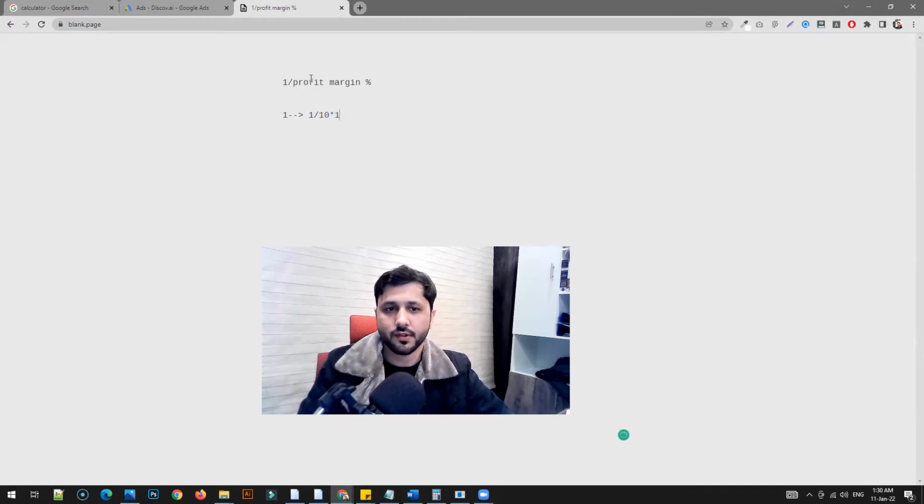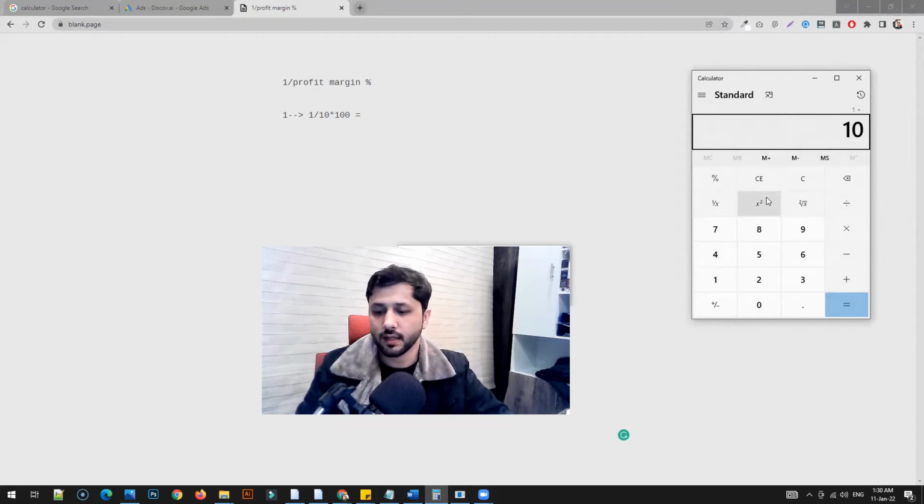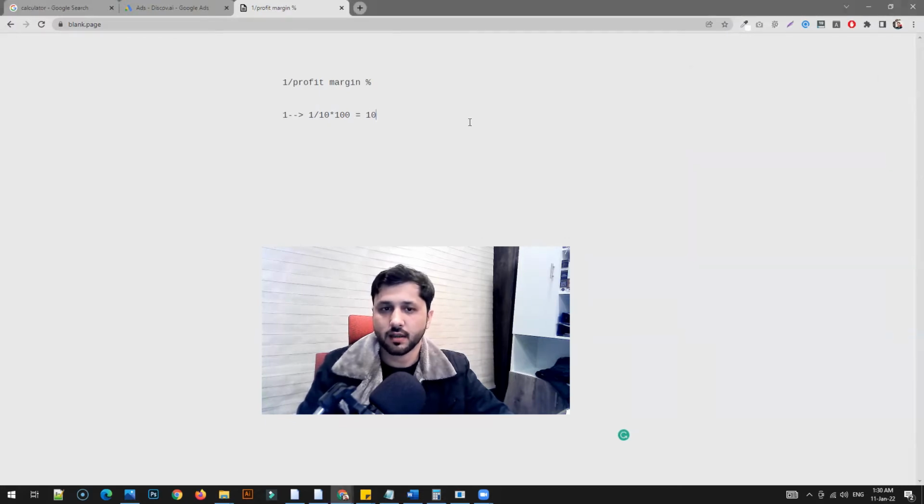So if you put those figures into this formula, this client's break-even target ROAS is going to be 1 divided by 10 times 100. It's going to be 10. So you have to achieve 10x for you to simply reach the break-even target ROAS for this client, right?